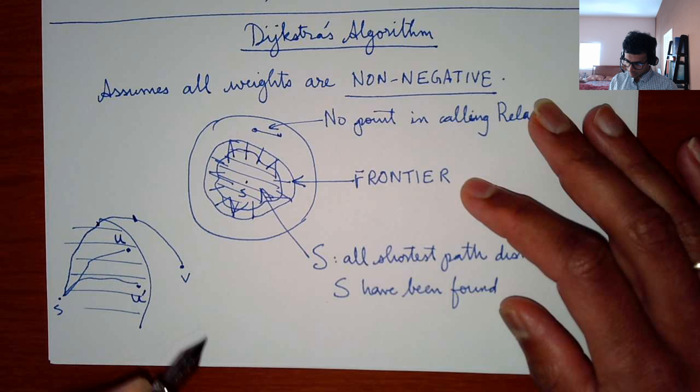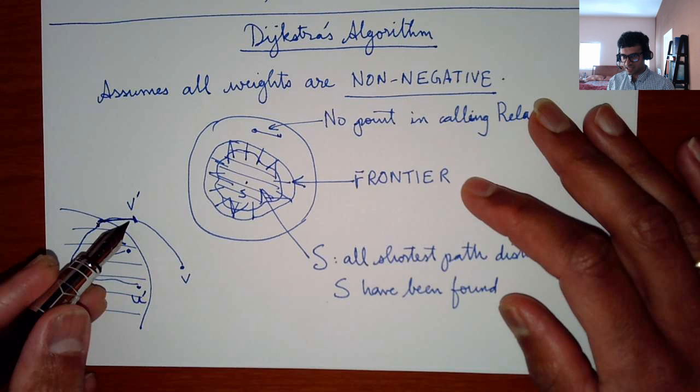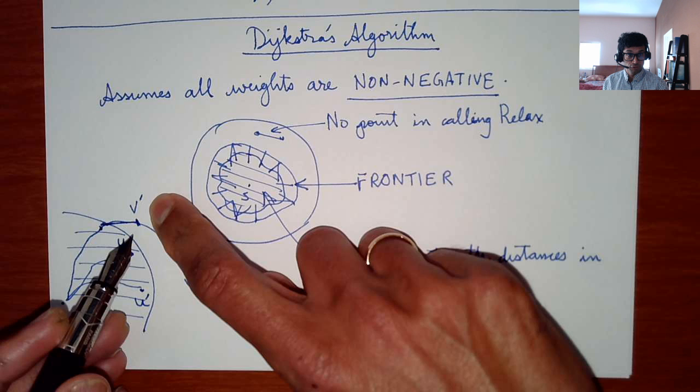So let me call this V prime. It means that V prime has a neighbor who's in this set. So instead of finding the shortest path to V, we should find the shortest path to V prime first. It's kind of like saying that you should grow the frontier step by step, or you should grow S step by step.